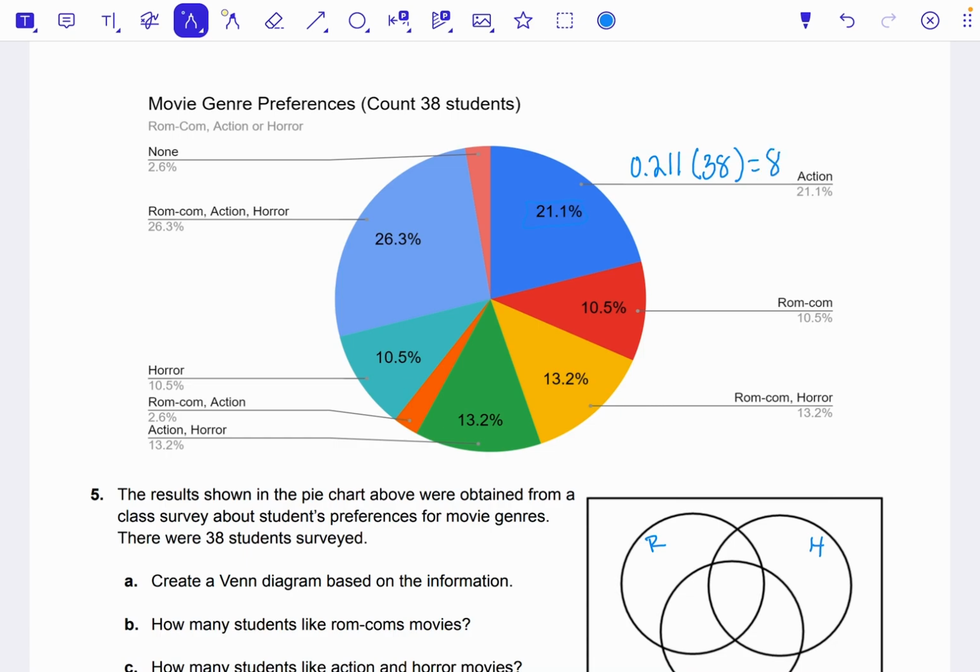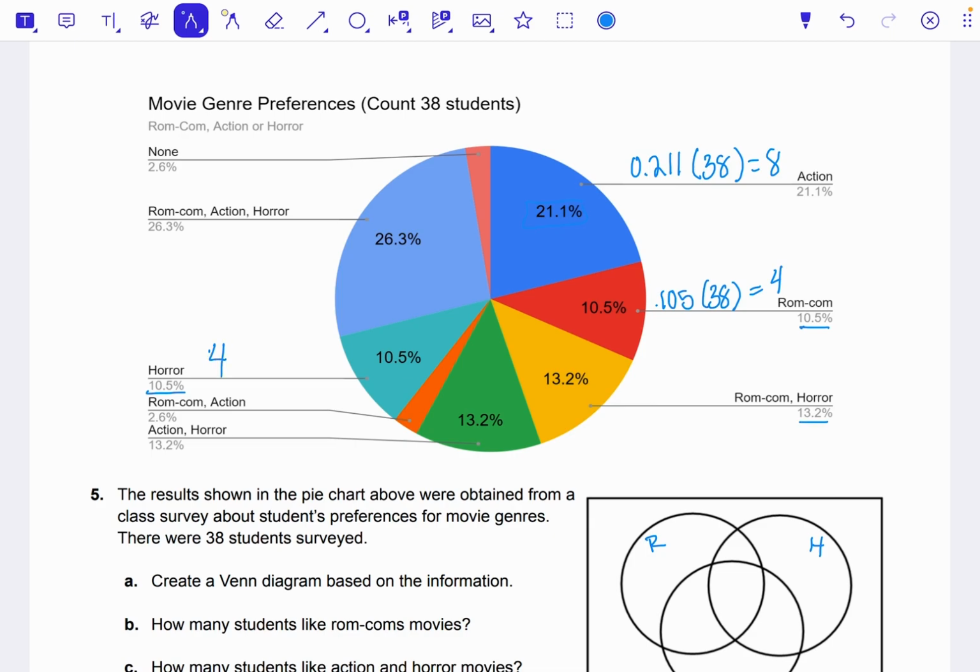Now, looking around a little bit, I noticed that I got a 10.5 here, and I also have a 10.5 over here. So I can calculate that percent once, and I get the numbers for both of those sections. 0.105 of 38 comes out to be 4, and so we also have 4 over here.